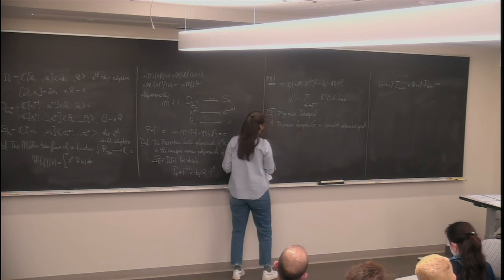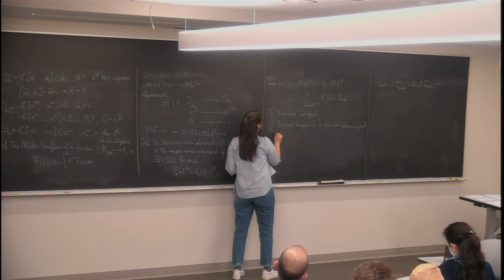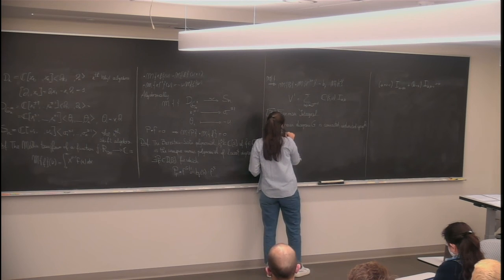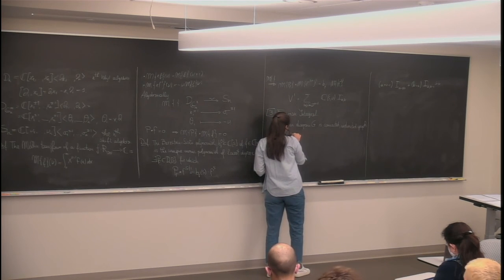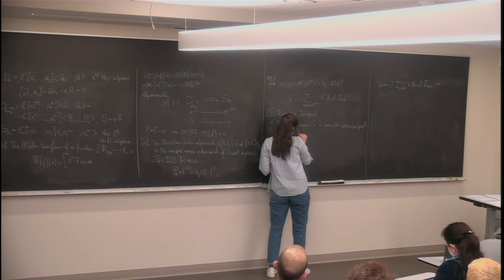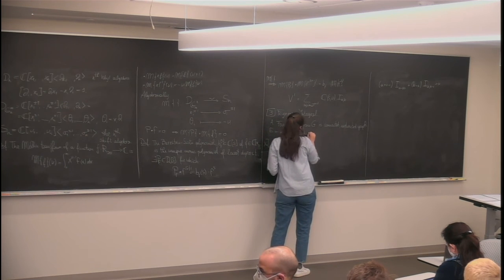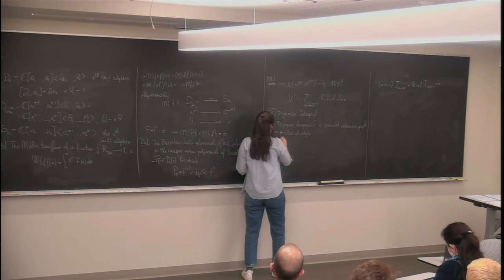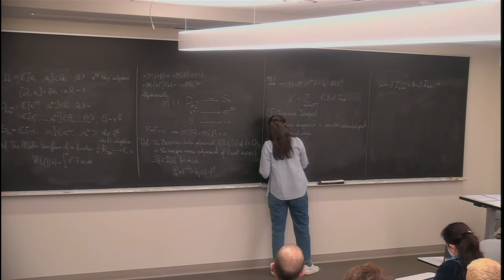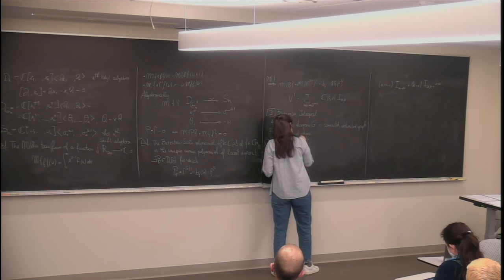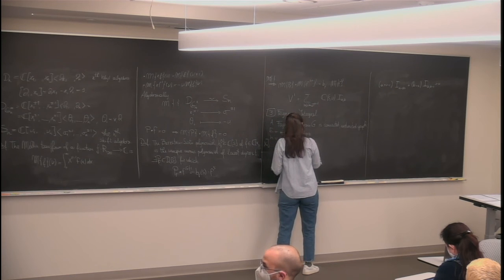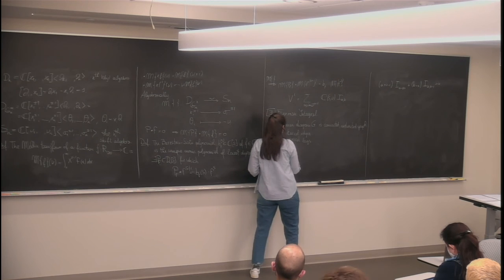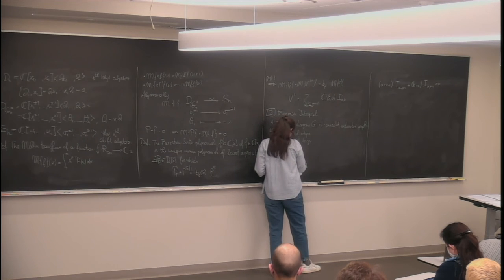And just to fix the notation, we denote by capital E the number of internal edges, by n the number of external legs, and L is the number of independent loops.